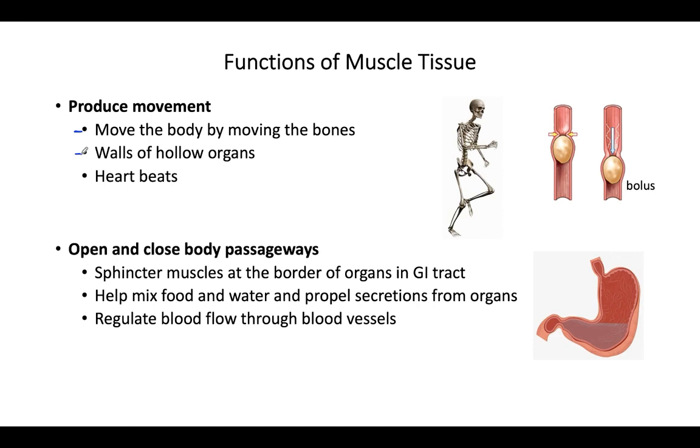What about the smooth muscle? What kind of movement can be produced by smooth muscle? Food can be moved in the digestive tract by the movement of a muscle placed in the wall of a hollow organ. So for these kinds of hollow organs, here's a wall. This wall is composed of smooth muscle tissue, and smooth muscle tissue has movement so that a bolus, like food, can move forward.